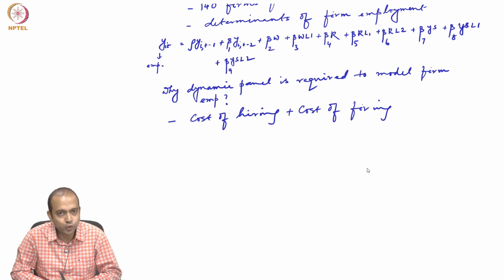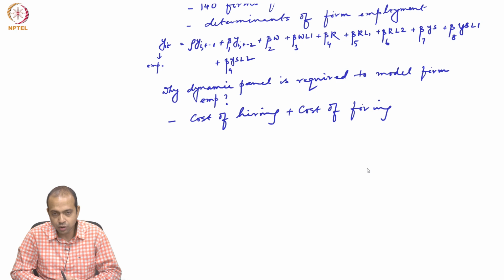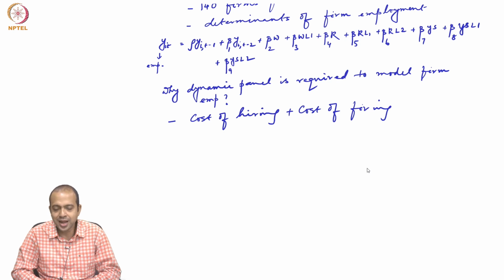definitely is a function of wage, right. Market wage should determine how much the ith firm will hire in the tth period. Then of course, the lag of wage, which was prevailing in the previous period. And then capital, because labor alone cannot produce anything, you need to have capital to work with the labor, and then again the lag of capital.